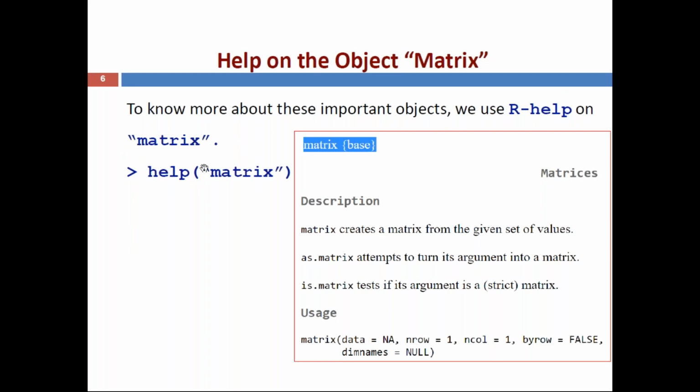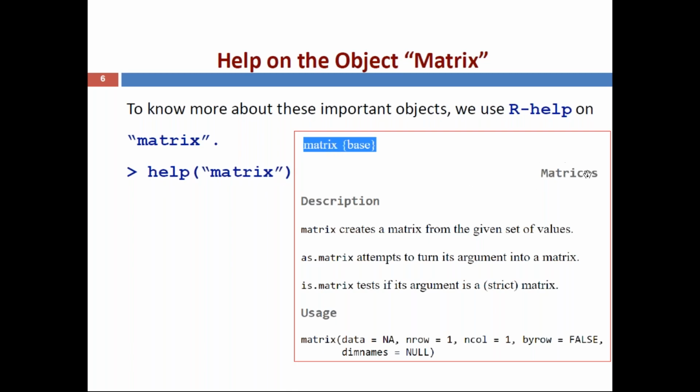Use the command help within brackets with double quotes. You can type matrix. Now it redirects to the HTML page where the documentation about matrix is available. This is one glimpse of that screenshot placed here. What it shows after executing this command help of matrix.